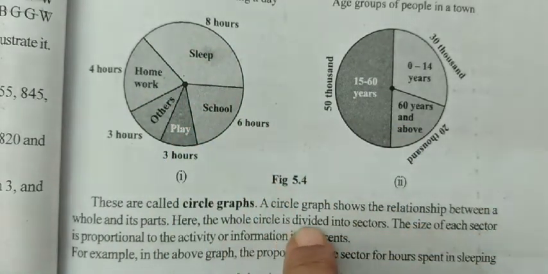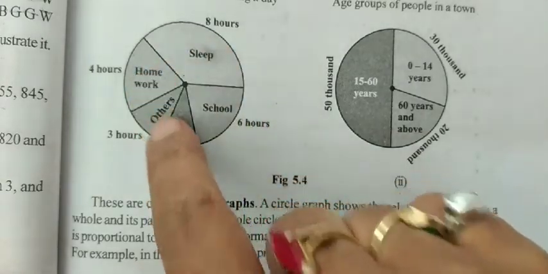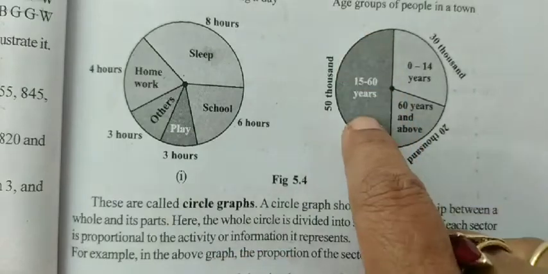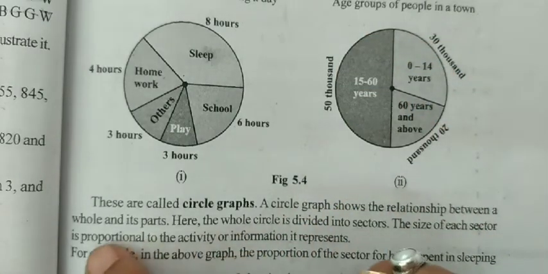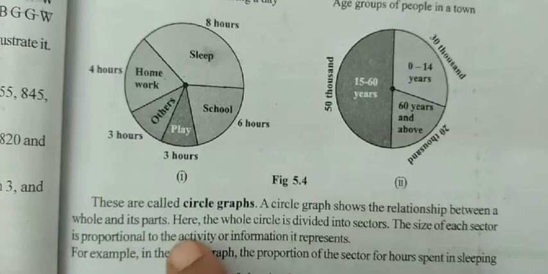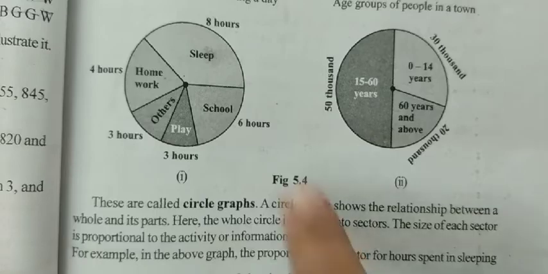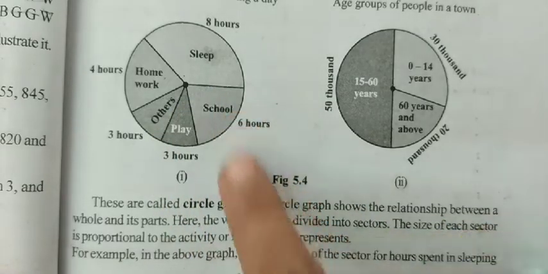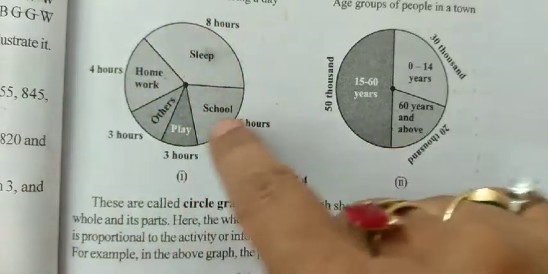Here the whole circle is divided into sectors. These are called sectors. Understood? And the size of each sector is proportional to the activity or information it represents. What percentage or what fraction does the sector cover of the whole?